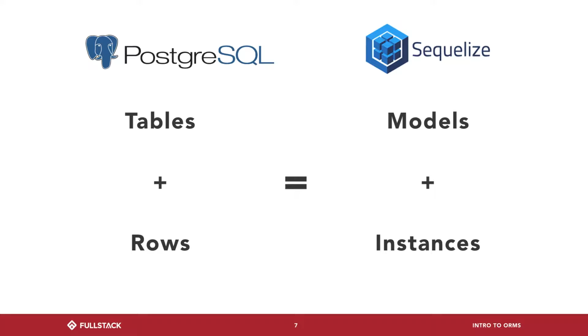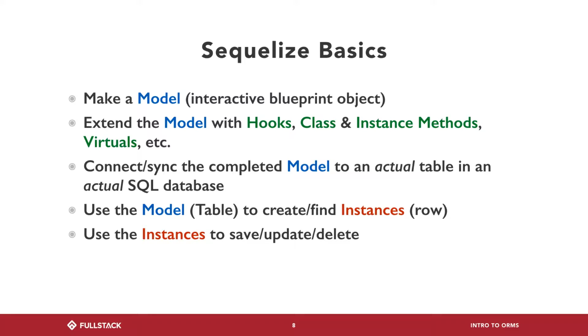But if you sync it and save it to your database, then it will directly correlate. Same with instances. You can create an instance, but it's not in your database until you save it. But when you get a row out, it will be an instance. When you get a table out of your database, it will come out as a model. And I think that'll make more sense when we do some coding.